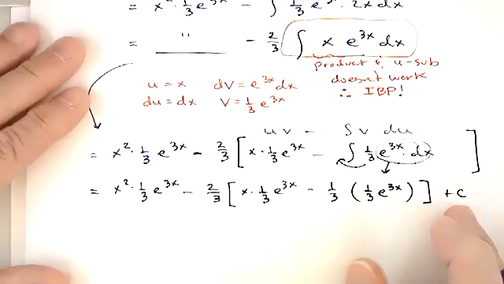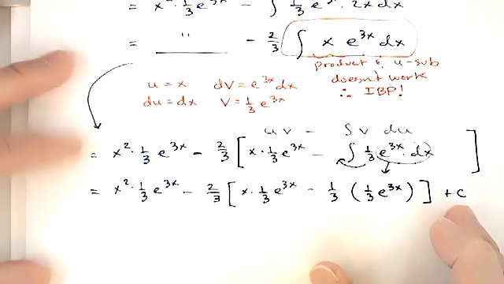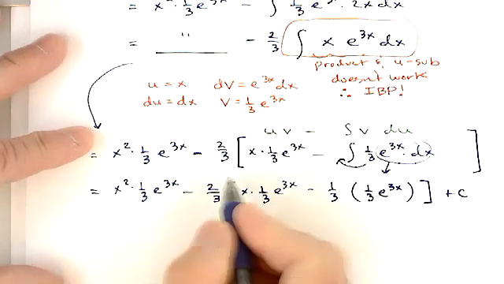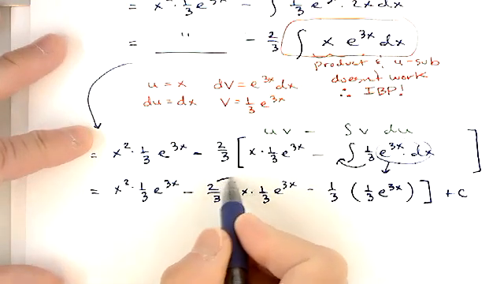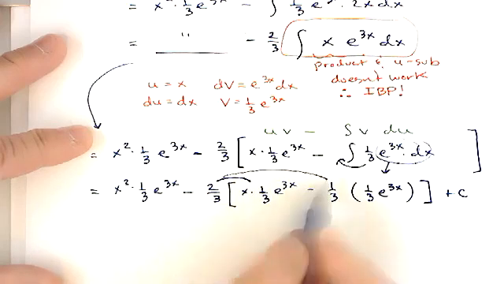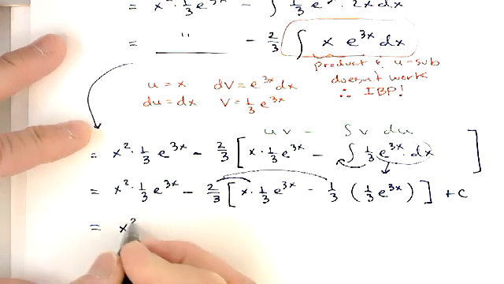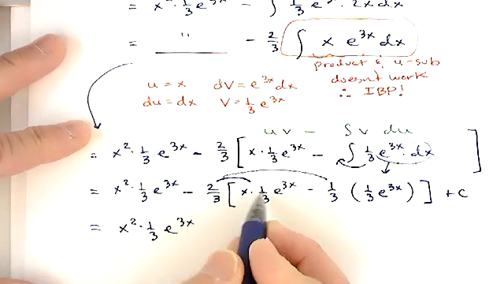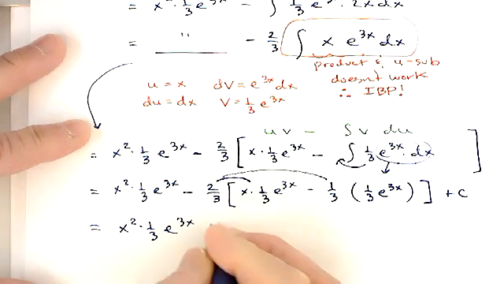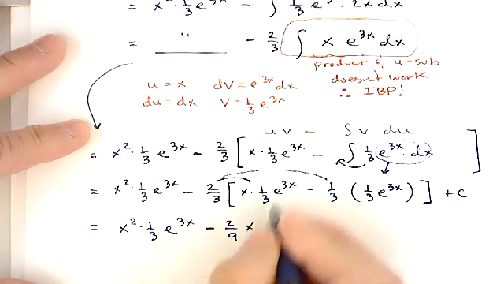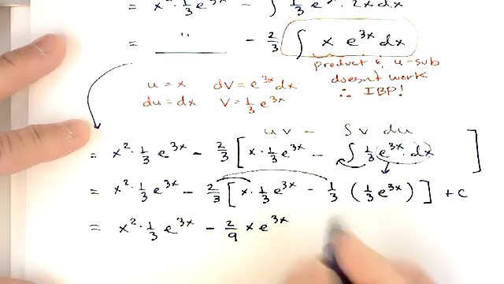This is actually fine. If you've got a WebWork problem like this, you could input it as long as you use parentheses in the right place. Alternatively, you could make it a little bit easier to input if you start simplifying things. So let me just do this last thing and then we'll be done here. This is going to be negative 2/3 times 1/3, which is negative 2/9 x e to the 3x.